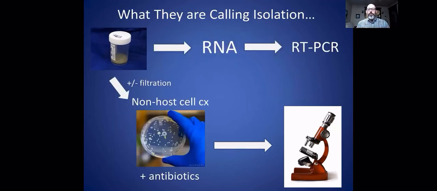Now, here's what the scientists that are publishing articles saying they isolated a virus are doing. They start with the same sample, the lung fluid, but what they do first is they just take the whole thing. They don't filter or purify it in any way, but they add some enzymes that dissolve the membrane, so it releases all the genetic material that may be inside of cells or particles into the free solution.